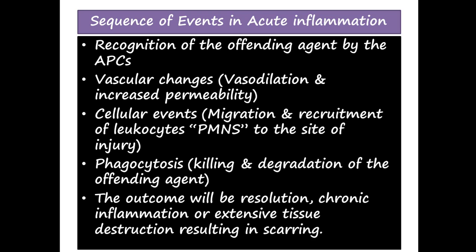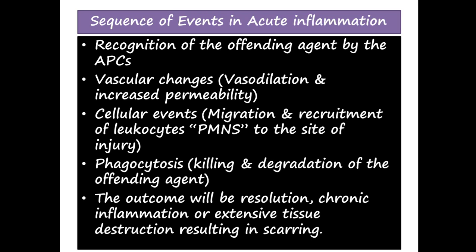And then comes the role of the cellular element of the inflammation, and that is the migration and recruitment of leukocytes to the site of injury. As I told you, the increased blood flow carries more and more polymorphonuclear leukocytes to the site of injury to fight against the invading agent.